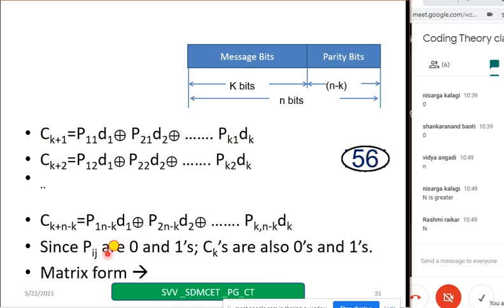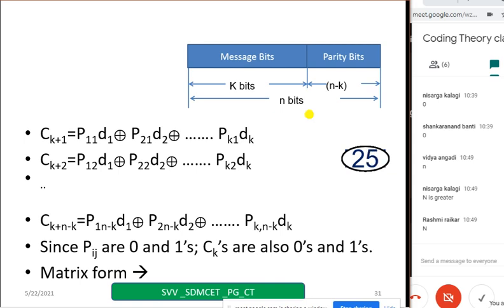Since Pij are zeros and ones, Ck are also zeros and ones. Even you can write this in matrix form, I'll show you in the next slide. Only note down Ck plus 1 equals P11 D1 mod 2 addition, but it's an XOR only, P21 D2 XOR up to Pk1 Dk.